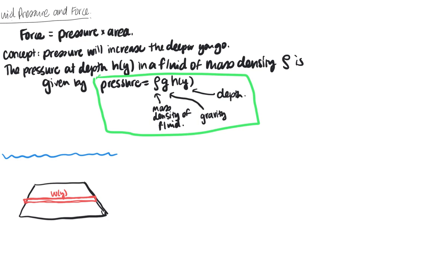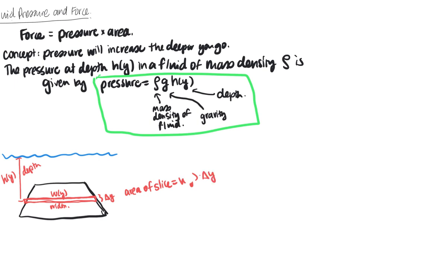So I'll have to come up with some sort of a function that gives me the width as a function of my depth. And then this depth here, I'm going to call h of y. This is the depth. This is the width. Okay, and then the thickness of my plate here is my delta y. So the area of my slice is going to be equal to w of y times delta y, or dy.